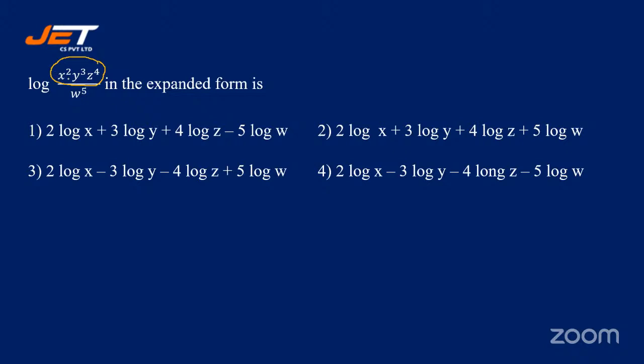Since it's multiplication, you're writing plus. Y cube can be written as 3 log y, plus again. Z power 4 can be written as 4 log z. Now next, division means minus. W power 5 can be written as 5 log w. So your option 1 should be the correct one.